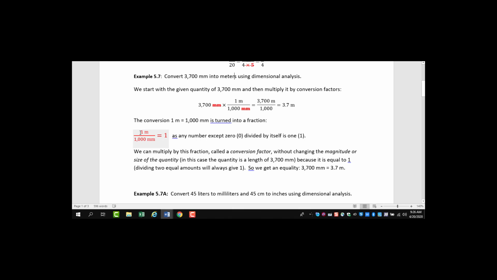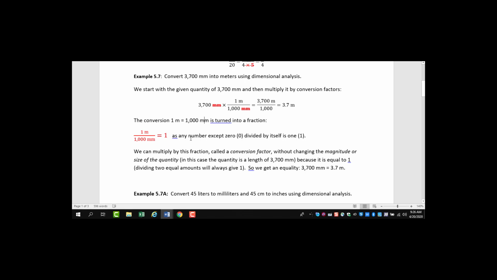So any number divided by itself, like 6 divided by 6, 7 divided by 7, is always 1. The only one that doesn't work for is 0. But 1 meter is the same as 1,000 millimeters, so I could flip it too and have it be equal to 1. So basically, I'm just multiplying by 1, and what I'm doing is converting.